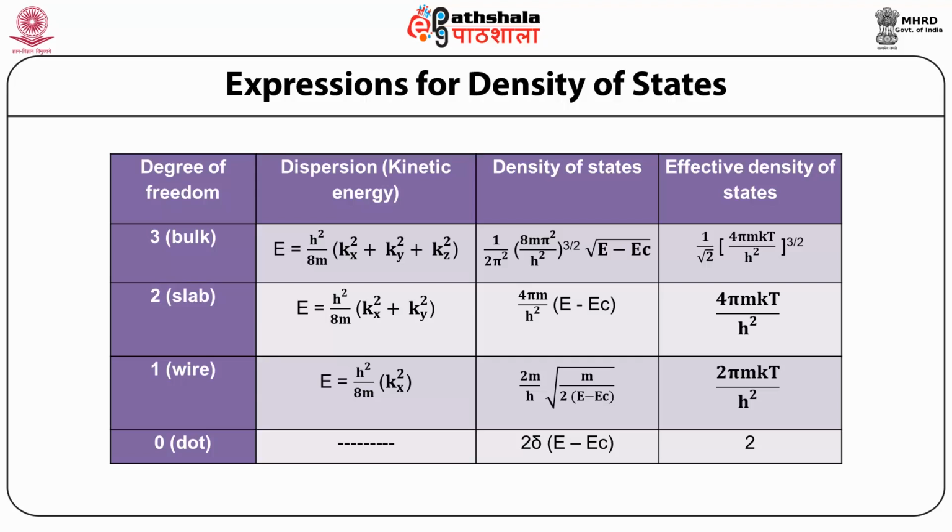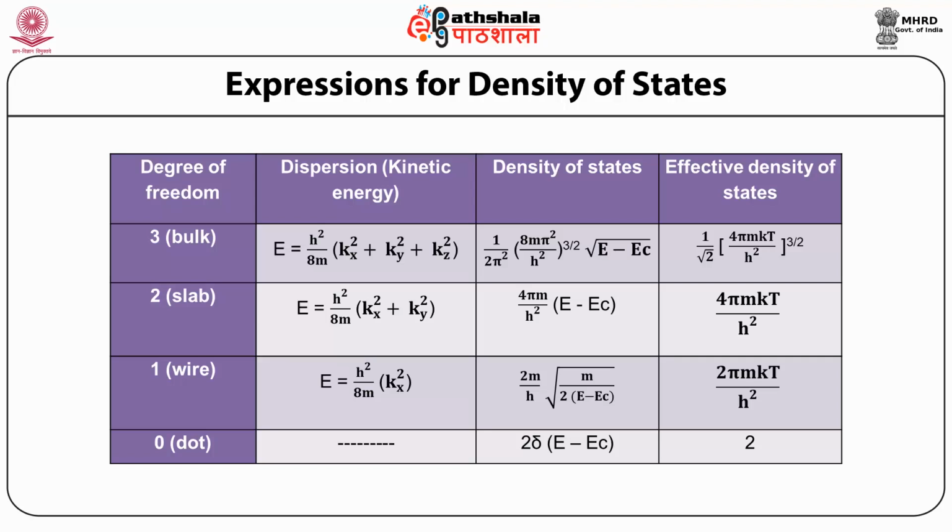When I reduce the dimensionality and come to a 2D system like graphene or MoS2 or WS2 single-layer films, in that case, the dispersion kinetic energy is written as E equal to h square by 8m (kx square plus ky square).